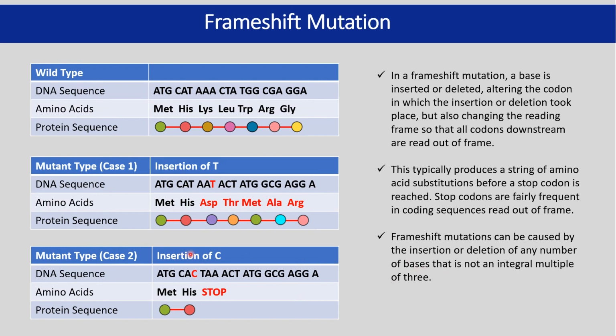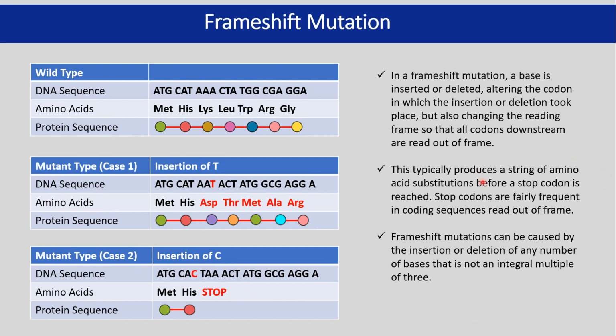So now imagine, in this case, this is a totally new protein. So it may not be a stable protein, or it cannot serve the purpose of the previous protein. So this as well as this condition can bring a lot of lethal effect on the cell.